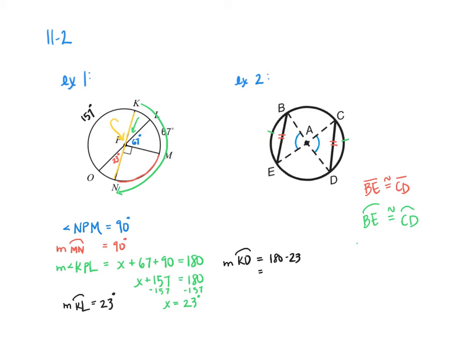And remember, we could also write it, the measure of BE is equal to the measure of CD. But the theorem actually talks about how the arcs are congruent. It doesn't really specify the measures, but we just know that because we have congruent arcs, the measures are going to be equal.